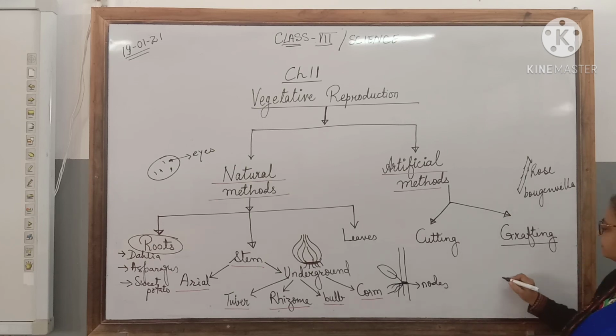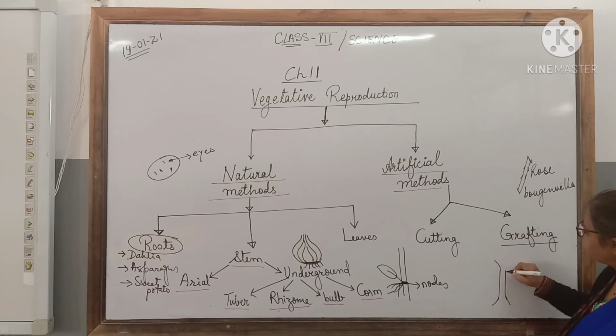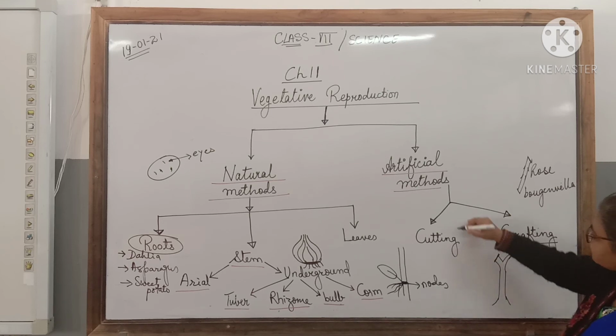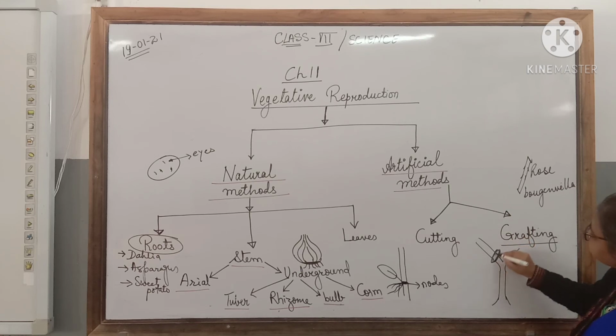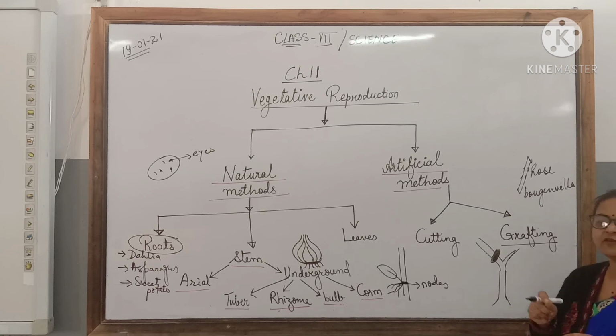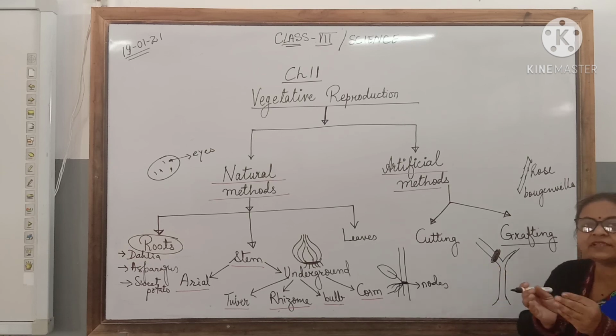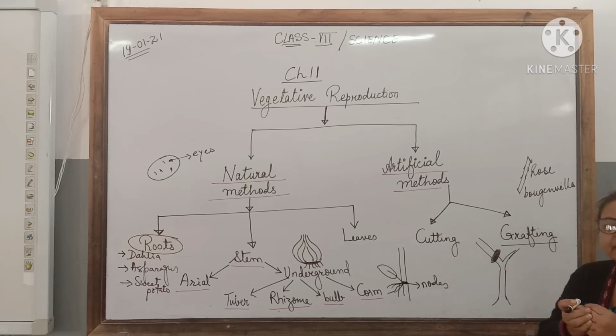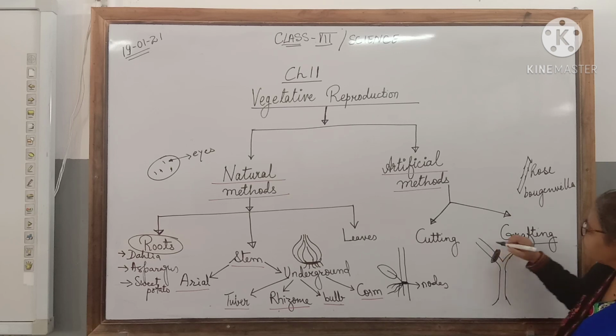So in this method, you have a plant, and in this you make a cut over here, take a stem from another plant and join it here, tightly with the help of cloth or a rubber, and leave it so that the tissues will intermix and they will grow into new plant.